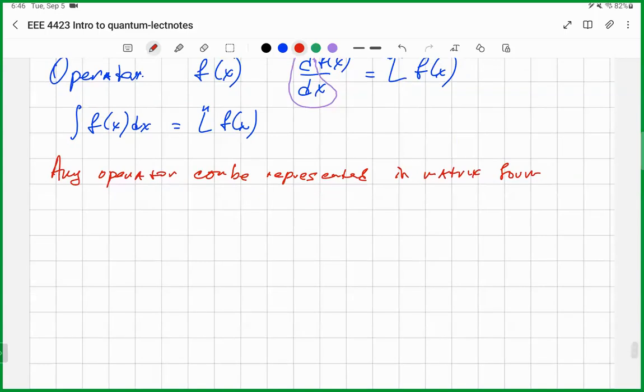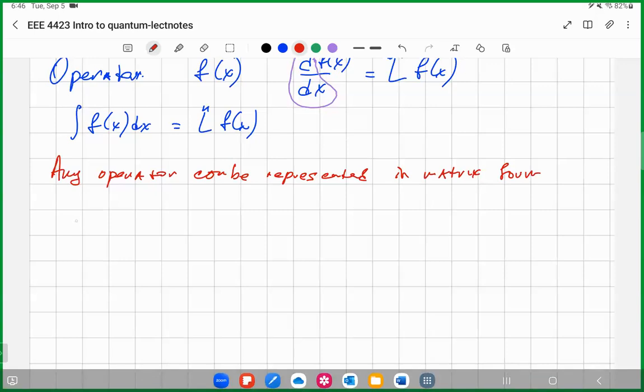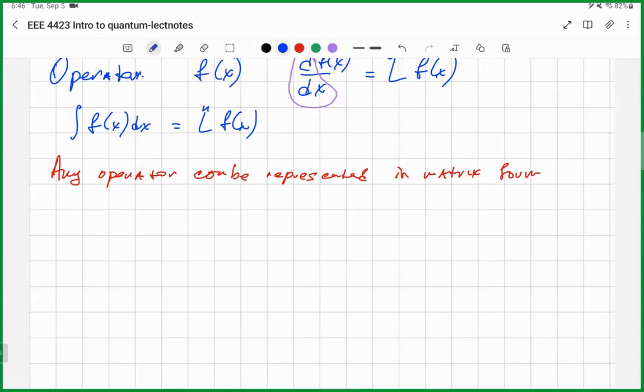How do we do so? For example, for any arbitrary operator L, I can multiply this operator on the left and on the right by the basis vectors, like this, and consider a construction like this.